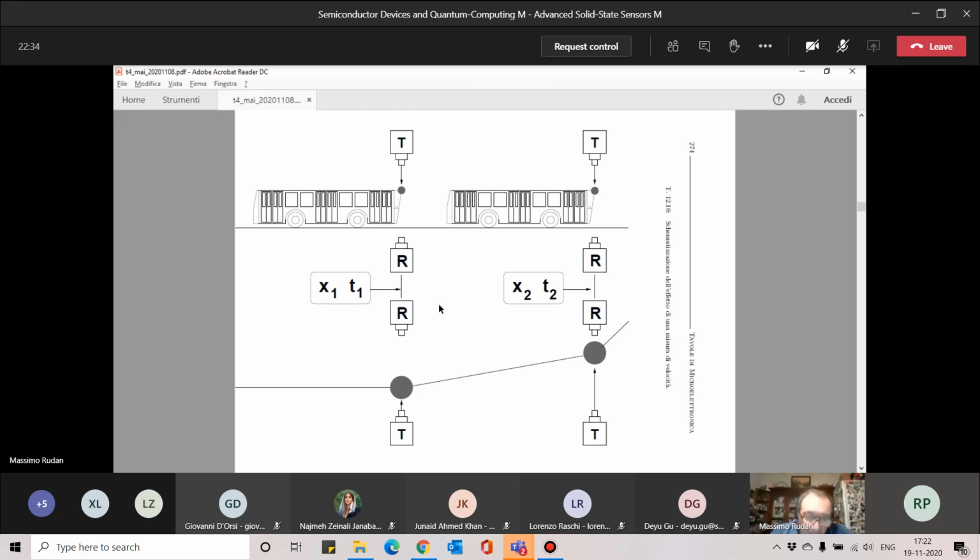Because what if we wanted to measure the dynamics of electrons? And unfortunately, there is nothing that we can do because nature is not so kind to us. Nature does not provide us with particles that are so small with respect to electrons that we could measure easily the dynamics of the electrons. Okay, electrons are among the smallest particles. So we must be content and there is nothing that we can do.